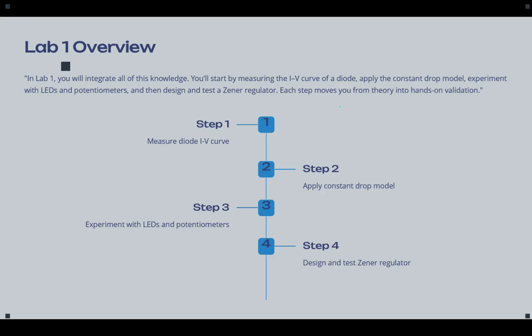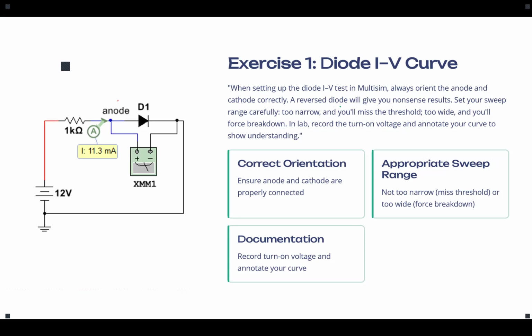For our lab assignment, let's go through the exercises. The first exercise is the IV characteristics. It's very simple. You have a diode in series with a safe resistor, in series with a voltage source, and you want to see the IV characteristic of that diode.